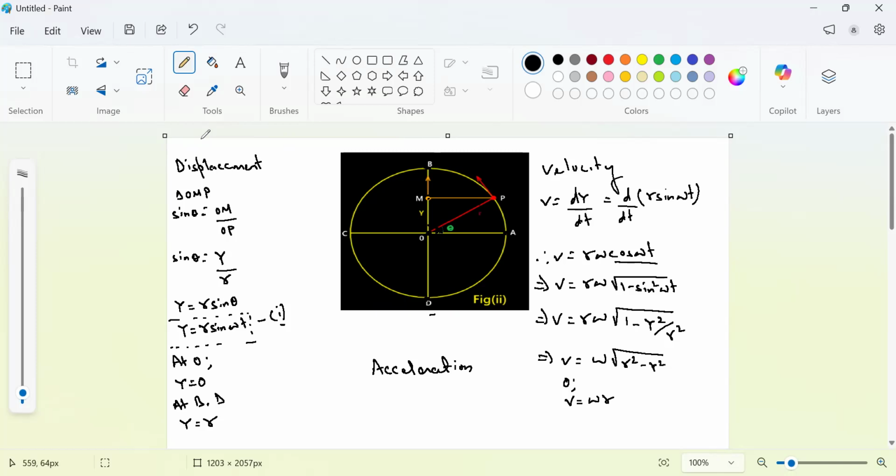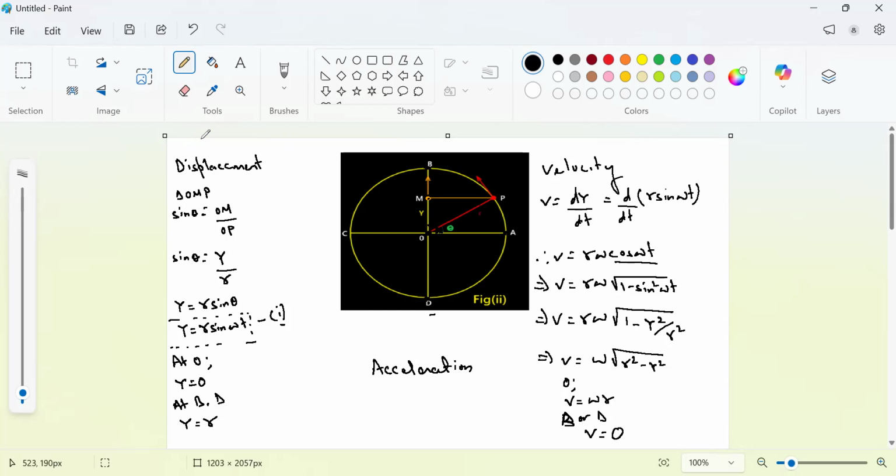And at the extreme position, either at B or D, velocity equals 0. So this particle M will have the maximum velocity at the mean position, and the velocity at the extreme position, either at B or at D, equals 0.